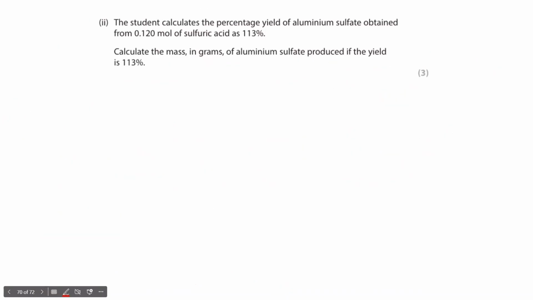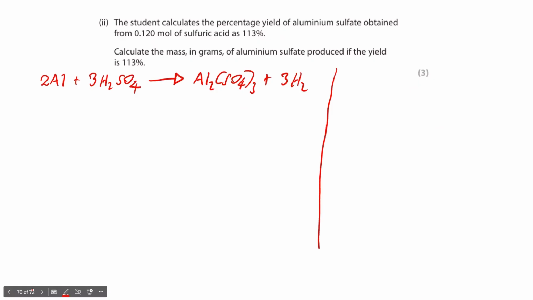So the reaction here is 2 aluminium reacts with 3 H2SO4 and gives you Al2(SO4)3 plus 3 hydrogen. The student calculates the percentage yield of aluminium sulfate obtained from 0.12 moles of sulfuric acid.